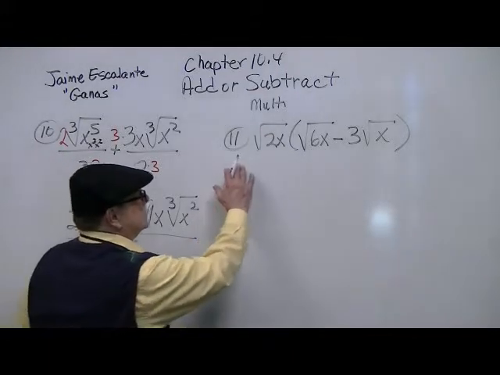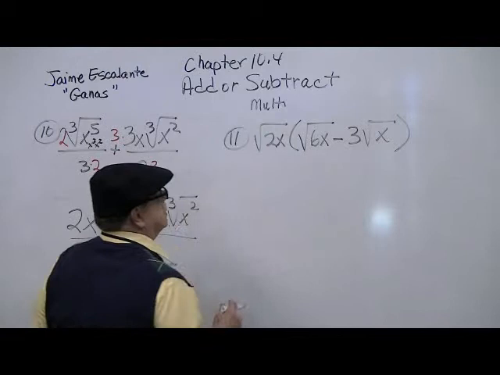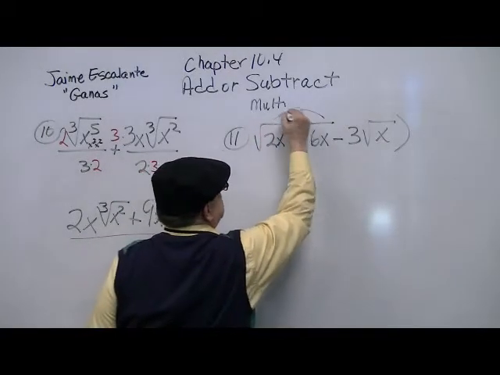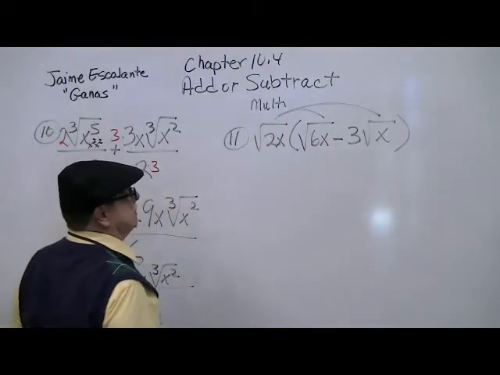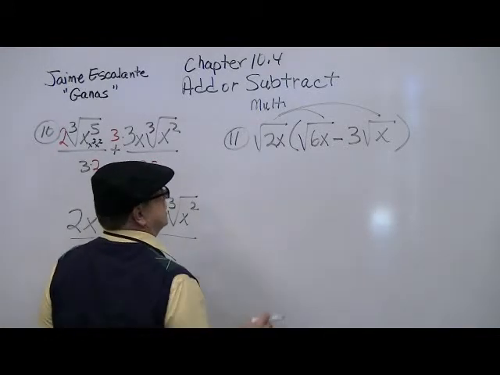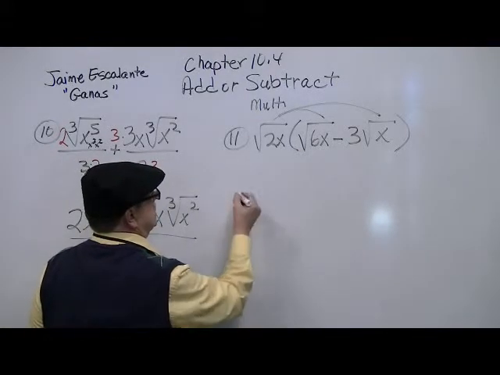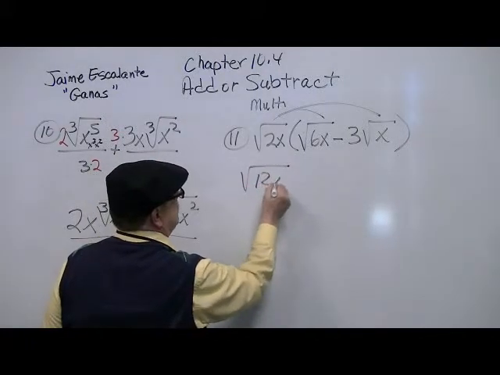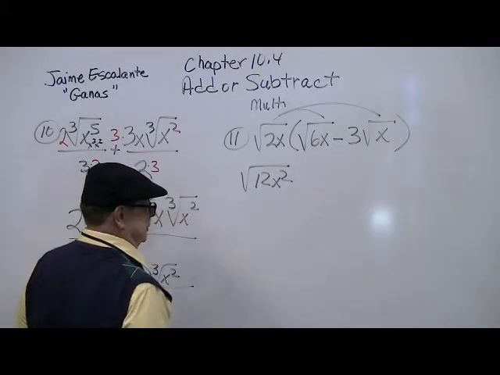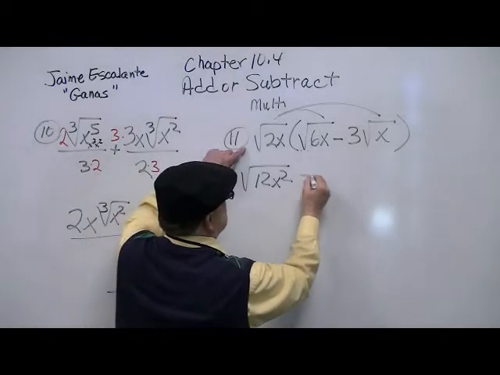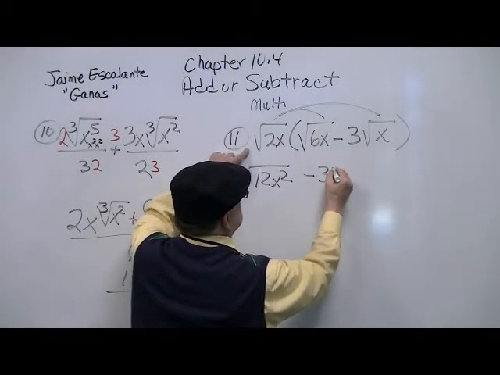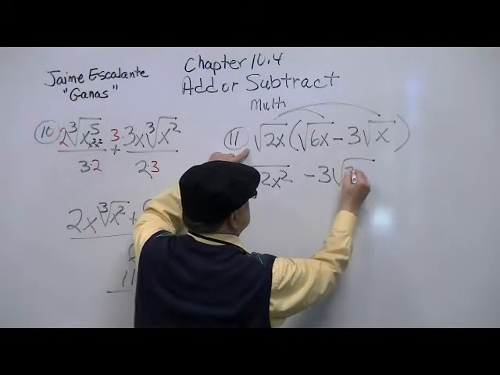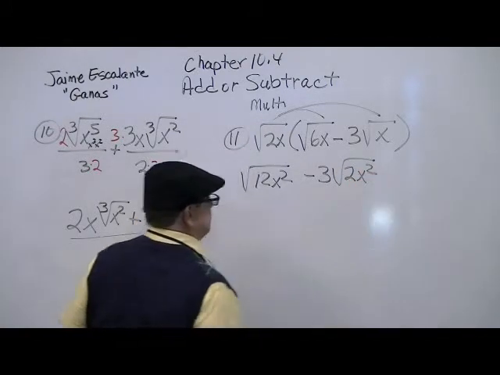All right, now in this next one, we're going to multiply as if we were distributing, and we multiply what's under our radical sign. So this then becomes the square root of 12x squared minus 3, the square root of 2x squared.